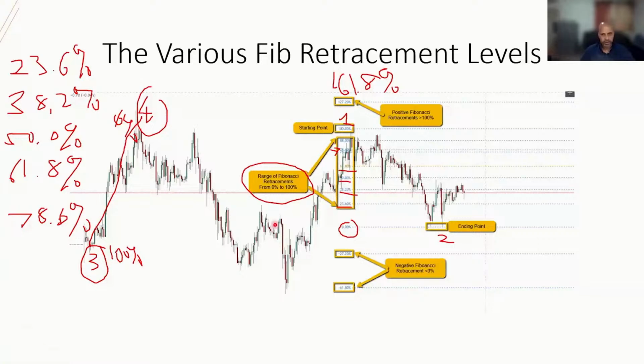So as I mentioned, we started this retracement at 0.1, 100%, and we end at 0.2, which is 0%, right? So we can only start this once the price has formed the swing low.